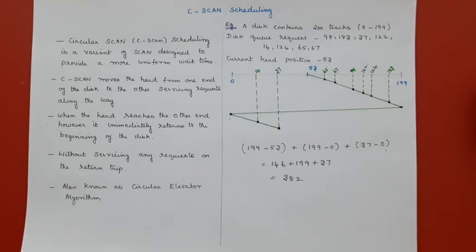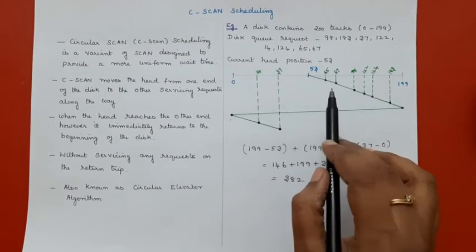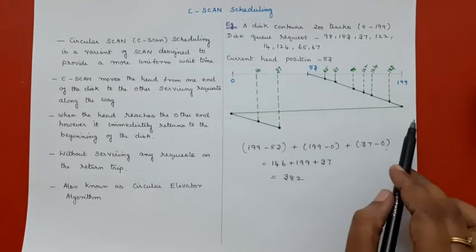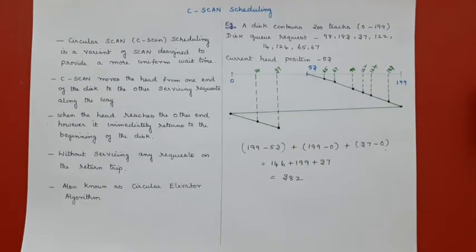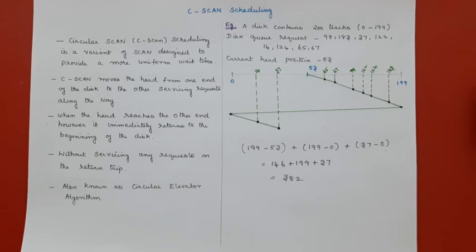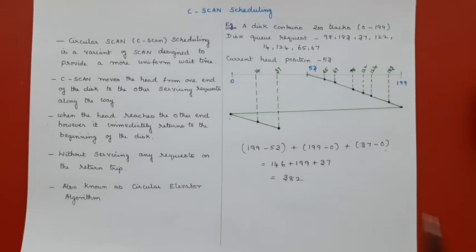So here in this case, your head will be in some position, for example 53. What it will do is, first it keeps on moving and servicing all the requests in that particular way. Once it reaches that end, it will just move to the beginning of the disk.